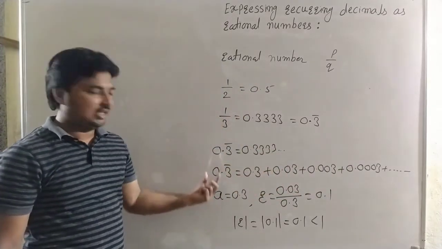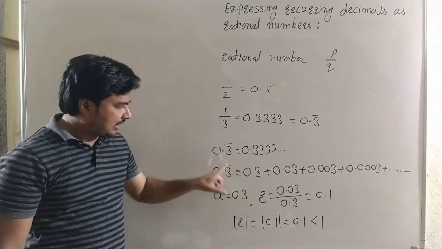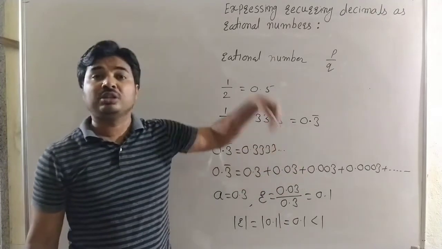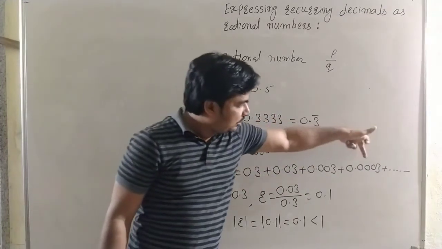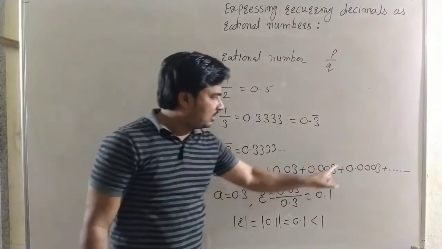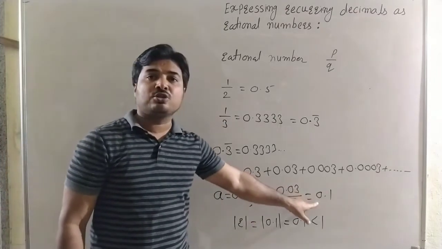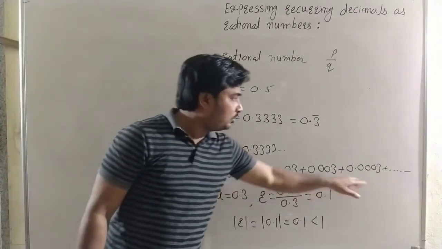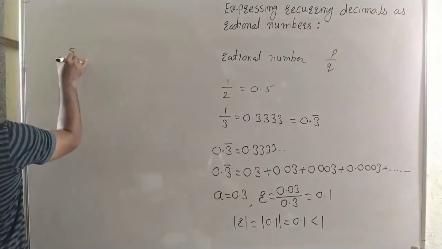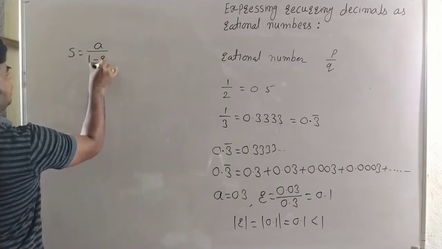So the sum of all the infinite terms is 0.3 bar, a recurring decimal. 0.3 bar is 0.3 plus 0.03 plus 0.003 plus 0.0003 up to infinite terms, and all these terms are in a geometric progression with common ratio 0.1. Now we find the sum of the infinite terms: S is a upon 1 minus r.